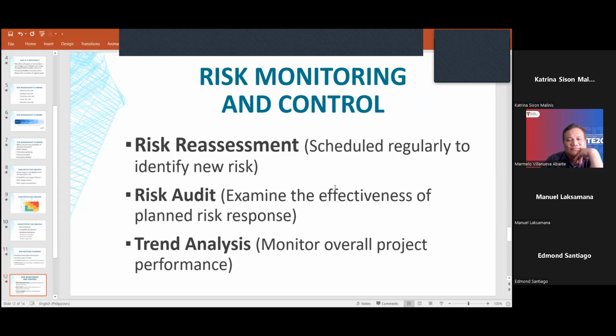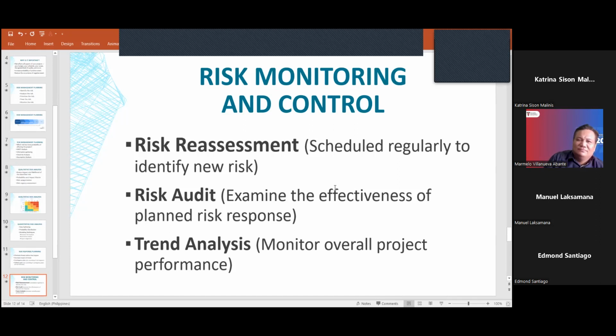So katulad nung sinabi kanina ni Doc Marmelo, in terms of risk management, even once a week, once a month, or twice a month, we need to assess potential risks that may be in the software or in an organization, so that we can control it right away and it will not severely affect the project management.